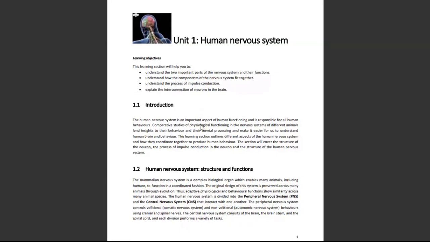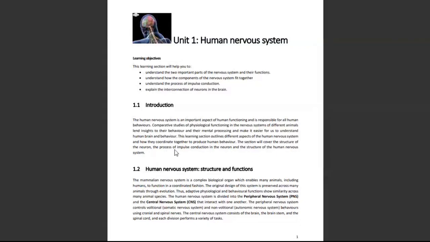You go to a university where they study medicine. For students to learn how to operate a person, they use an animal, not a person. They use a rat, they use a frog, they operate on flies, different animals. This learning session outlines different aspects of the human nervous system and how they coordinate together to produce human behavior.